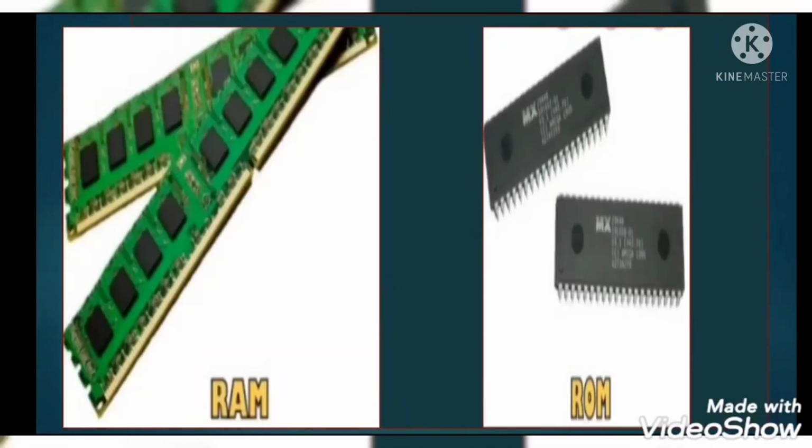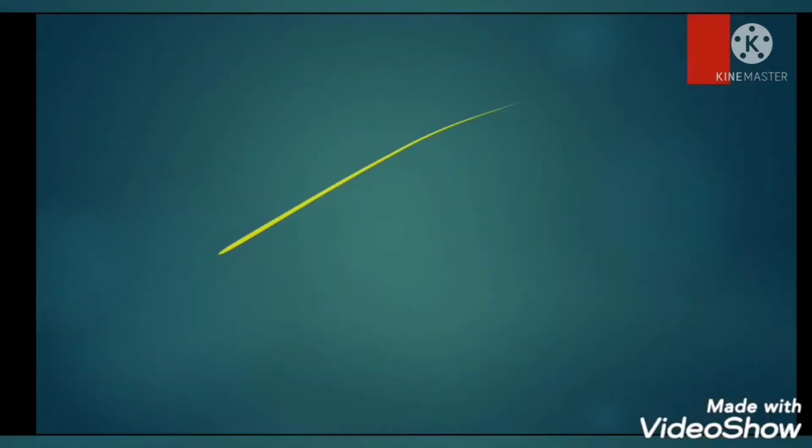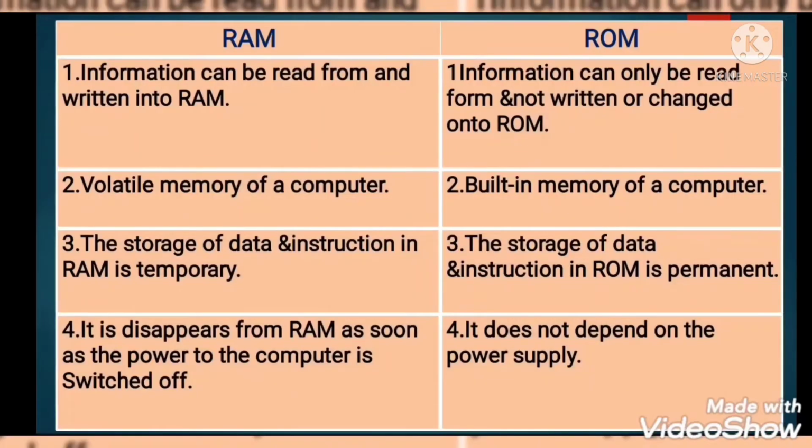See here, my dear students, I am giving a picture of RAM and ROM. I think you saw it. Yes, in your motherboard, in your CPU, you can observe this type of RAM and ROM. There is another most important point, that is the difference between RAM and ROM.